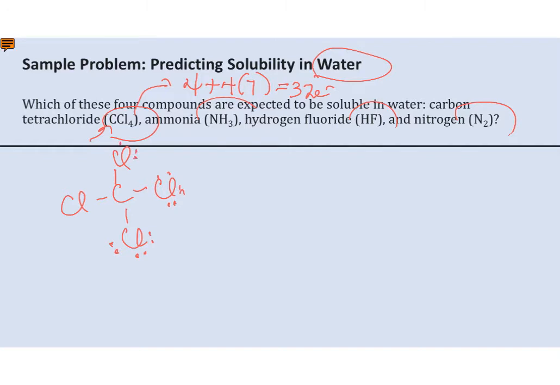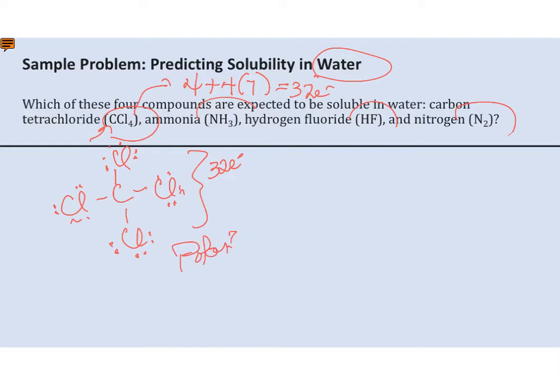So I'm going to give all 4 of the outer chlorine an octet. And now count and check how many electrons you've used totally. I have now used exactly 32 electrons. So I'm done, and that's good. They all have an octet. They're all great. So now, is this polar or nonpolar?